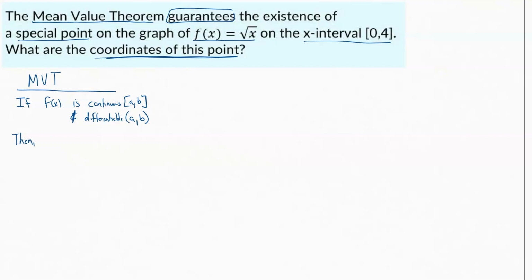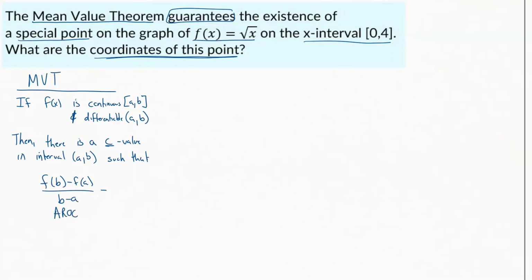Then there is a c value in the interval that you've got there, such that f of b minus f of a all over b minus a, your average rate of change between your endpoints, is going to equal your derivative at that c value. So your instantaneous rate of change.